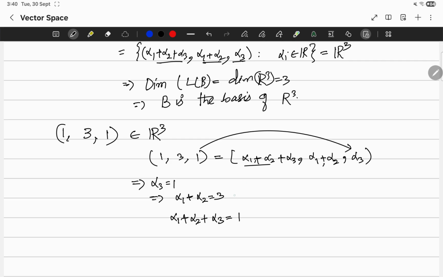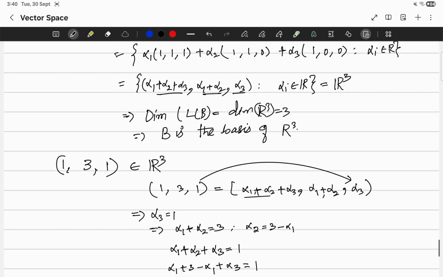Or you can check it here: your alpha 2 will be 3 minus alpha 1. So put it here: alpha 1 plus 3 minus alpha 1 plus alpha 3 is equal to 1.